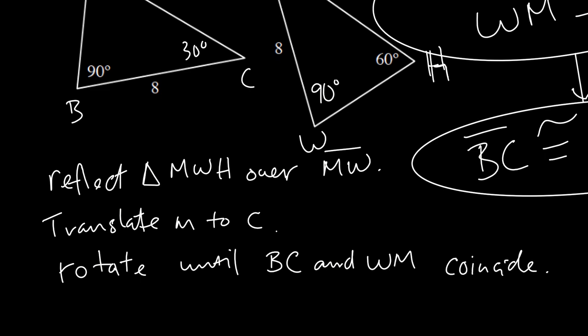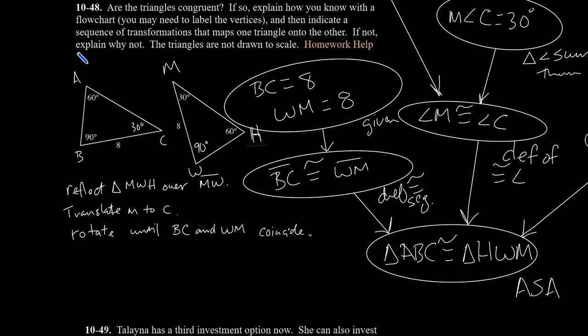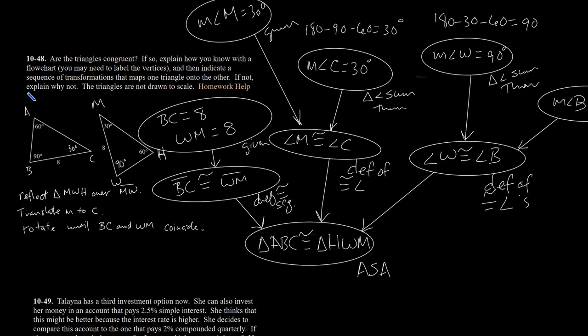Because eventually if I rotate it, they'll meet up with each other. All right, so that's our flowchart proof.